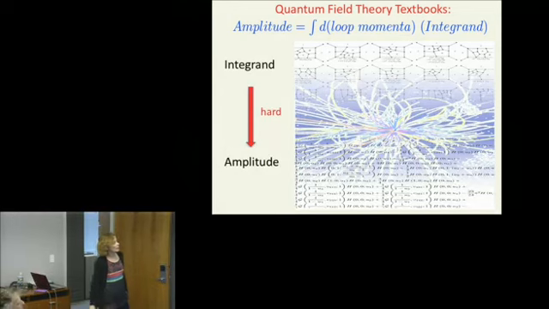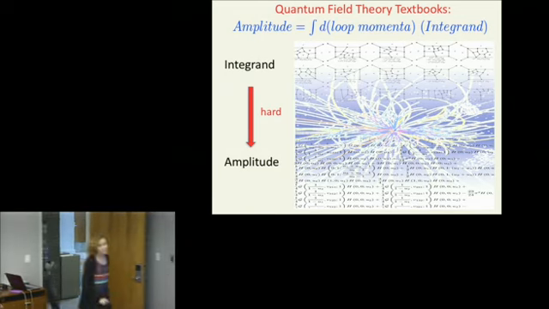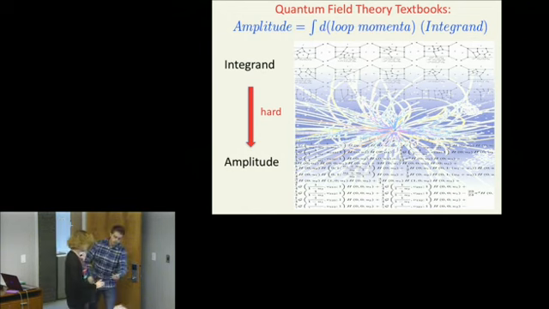So for example, on that slide is schematically a picture of a 4.7 loop integrand. And then what you need to do is integrate this. There are some loop momenta, and then you have to do this integral. So first you draw the set of all possible integrands, and then the hard problem is to actually integrate.